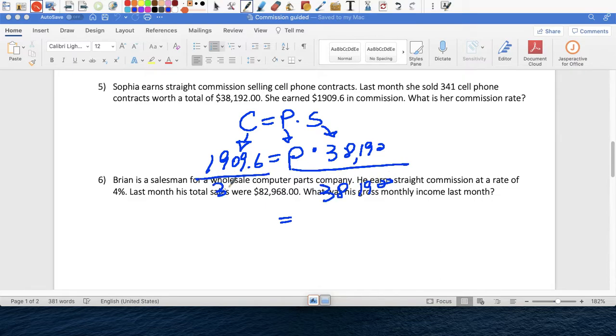And our percent, the rate that she gets paid: 1909.6 divided by 38,192 equals 0.05, and that's in decimal, so I'm going to multiply that by 100. So this store gives her 5%. Not interest rate, commission rate. Right, so whatever she sells, she always gets 5%.